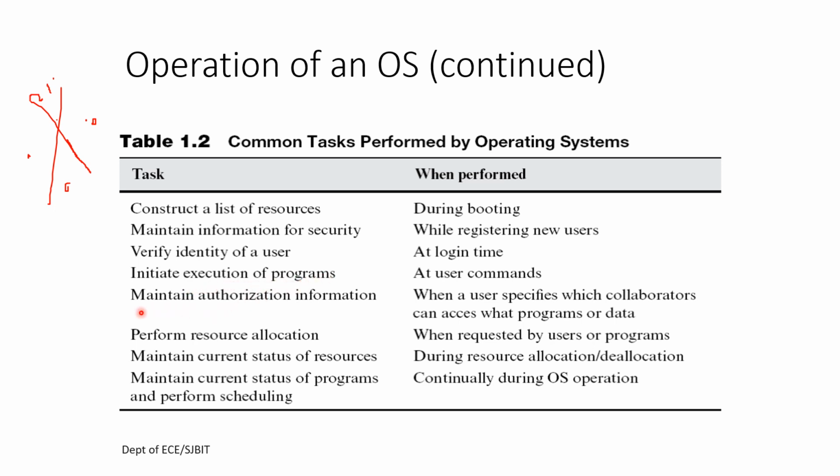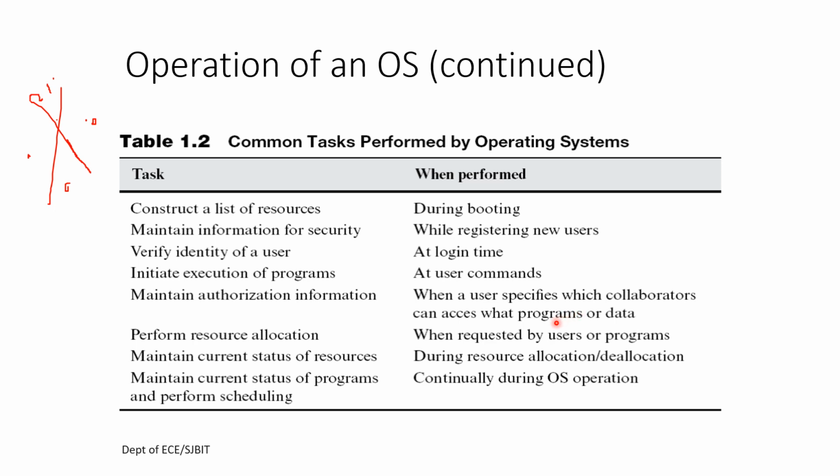And the next one is maintain the authorization information. Authorization information is nothing but the security information. When will that particular task be performed? When a user specifies which collaborators can access what programs or data. The user must tell which customers can access what kind of data.